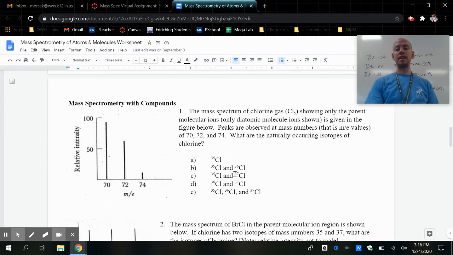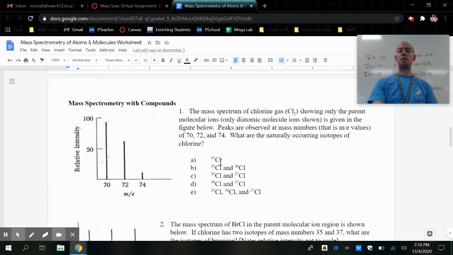So if I looked right there, a chlorine that is a 35 by itself would give a peak of 35, but if a Cl35 bonded to a Cl35, we would then get a molecule, and that molecule would have a mass of 70. So if the only version of chlorine that I had was chlorine that was 35, then we would get 35 and 35, and we would get one peak that had a mass of 70.